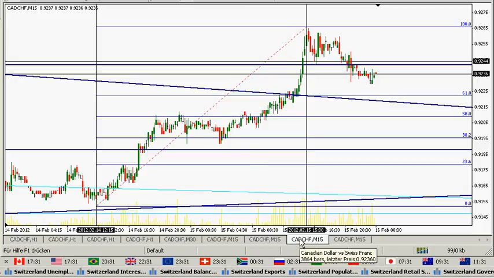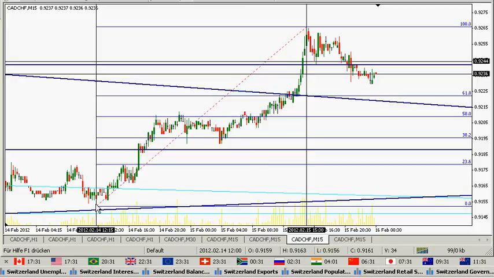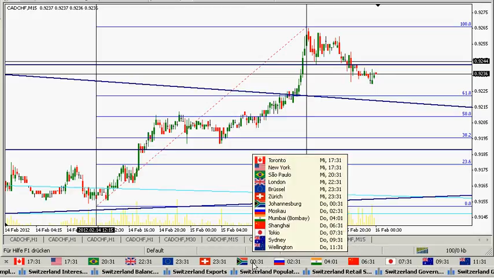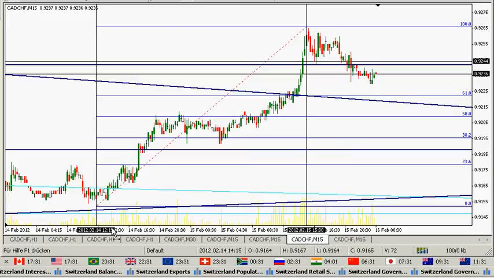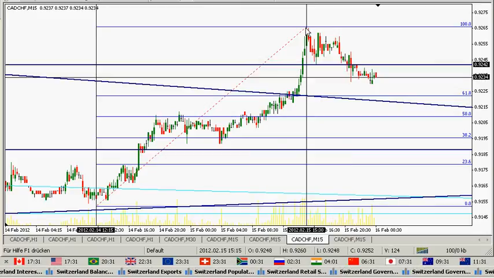The Fibonacci lines, for example. Here on this short view, we see the low at 12:15, not Central European time, GMT time, so Johannesburg, South Africa time. Here the low and the high.